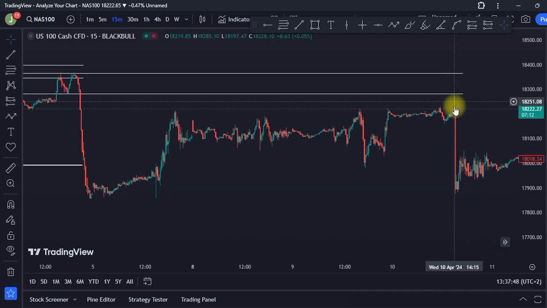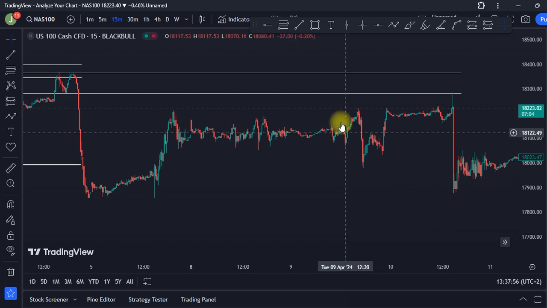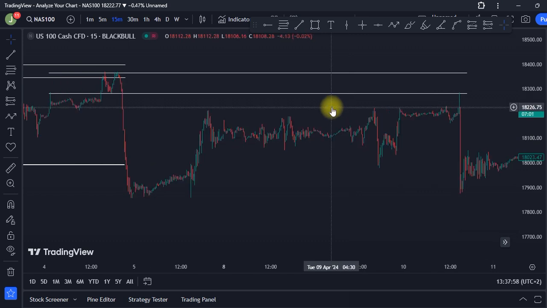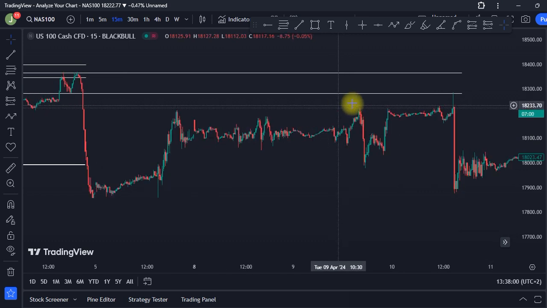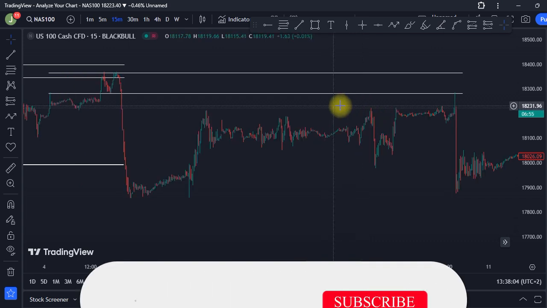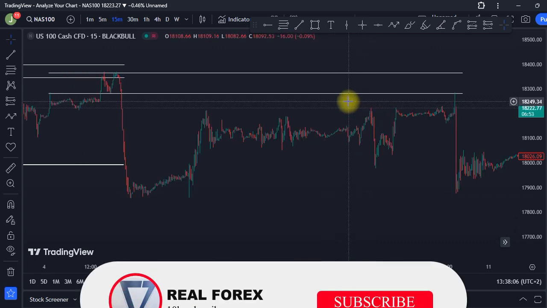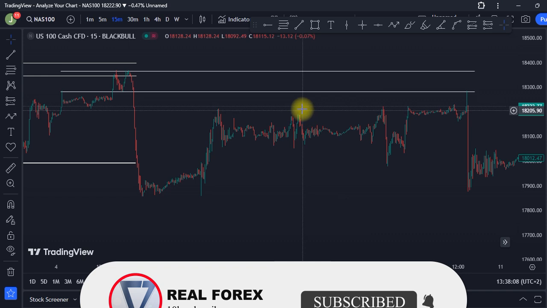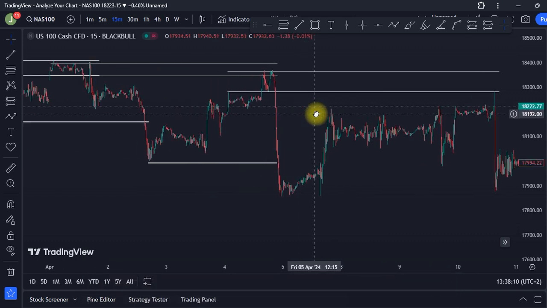So the market tapped into our QML level minutes before the NFP news release, and then it shot to the downside. So this is how you could have caught this trade, guys. It's possible to catch the NFP news release without using CNBC or investing.com to try to find the direction.